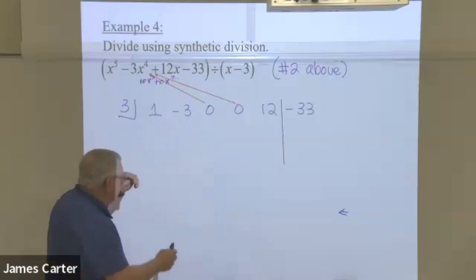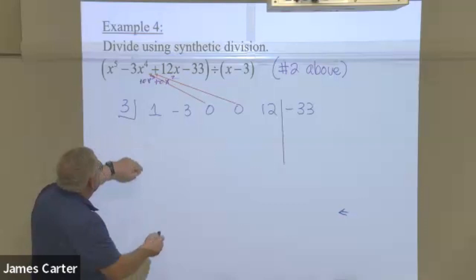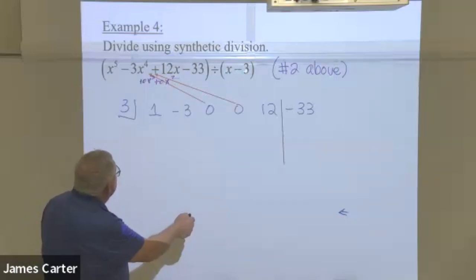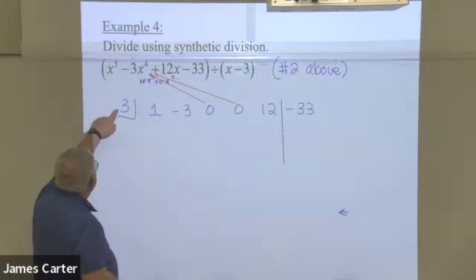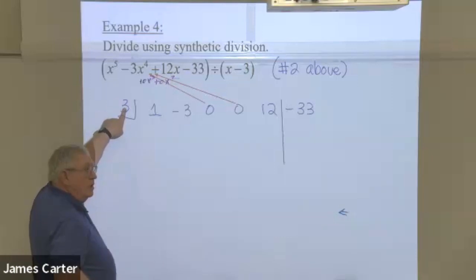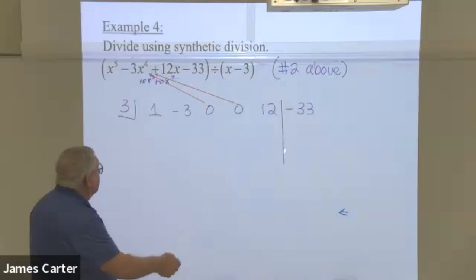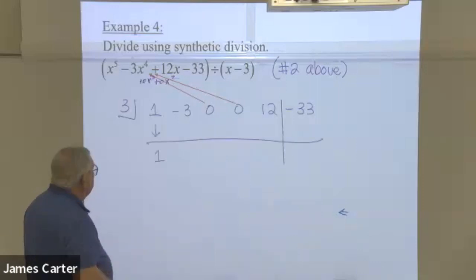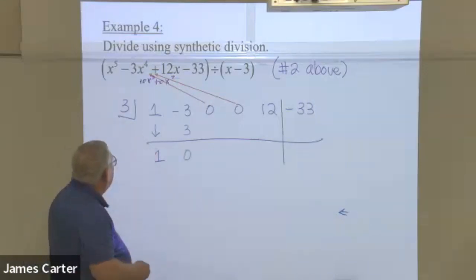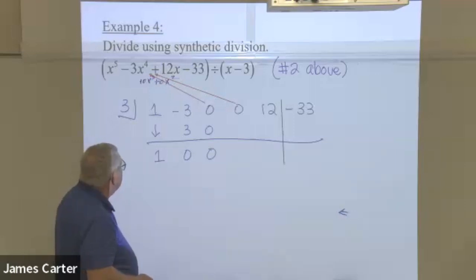Now, to do the synthetic division on this one, the factor is x minus 3. So the zero, or the root, is positive 3. Here is our remainder line. There's our addition line, and we bring down the first term. Okay, multiply, add down, multiply, add down, multiply, add down, and multiply, add down.